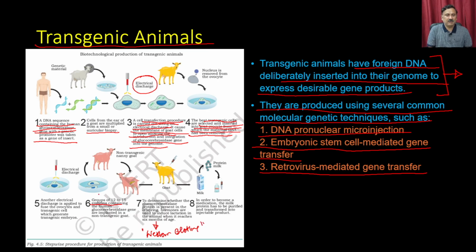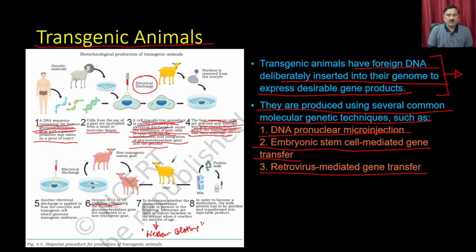For example, you can do Southern blotting to see whether the gene has been integrated into the genome or not. Then you can do Northern blotting to see whether RNA is being synthesized from that particular gene or not, and then Western blotting to see whether that gene is being expressed or not.